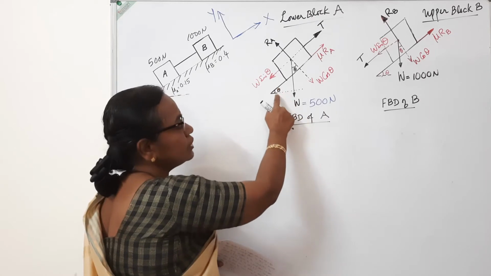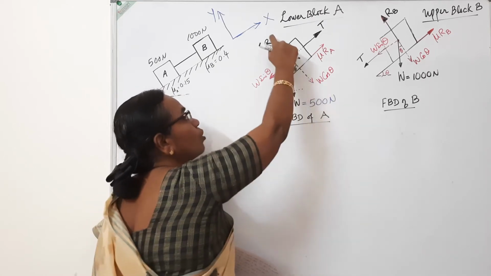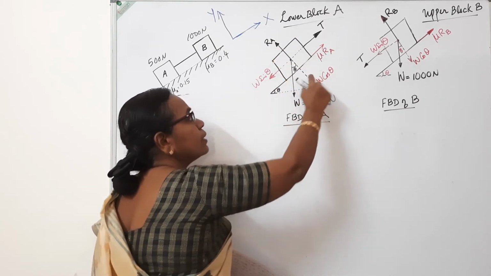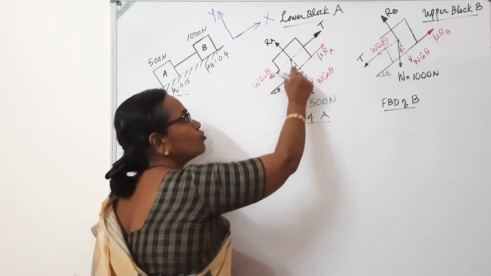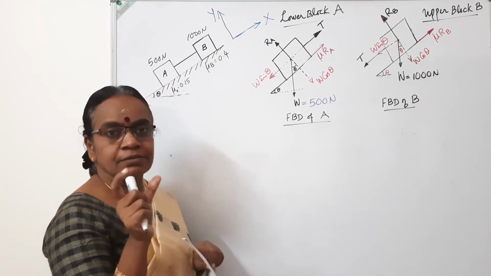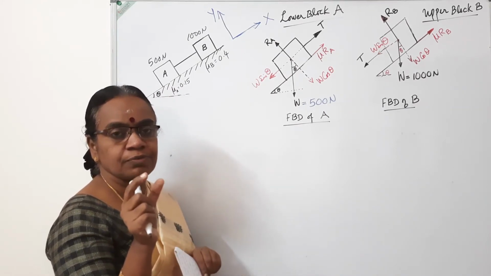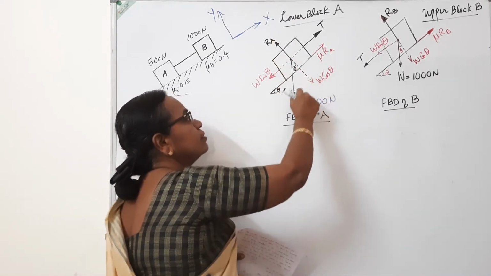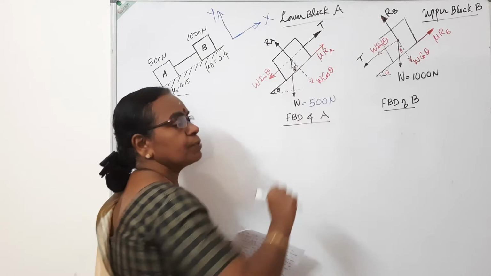If theta is the inclination of the plane, the angle between the normal to the inclined plane and vertical will also be theta. Always remember it. If the angle theta is given with horizontal, the angle which the normal to that plane makes with vertical will also be theta.